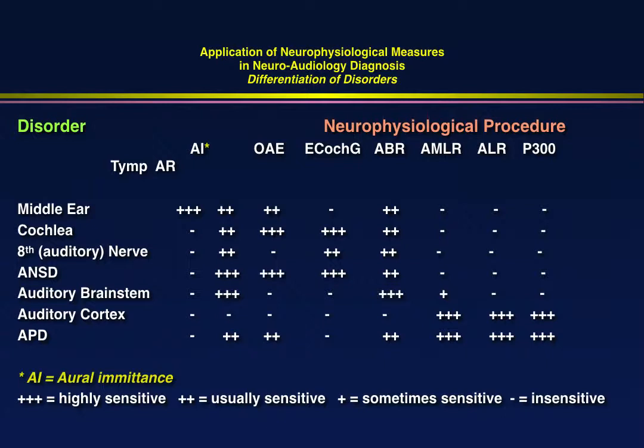So 3 pluses for the middle ear means that's a really, really sensitive measure of middle ear function. And the minus sign means there's no value whatsoever in using this response to evaluate that part of the auditory system. So you can see from the pattern that some responses are really good for measuring higher level auditory function, others for lower level, and if we use the right combination of procedures, we can accurately diagnose hearing loss anywhere in the auditory system, even without behavioral techniques.